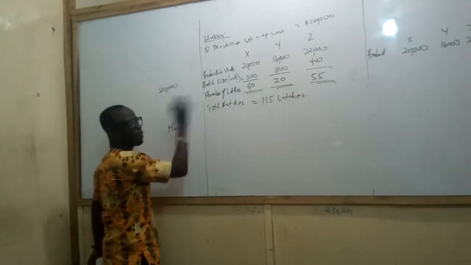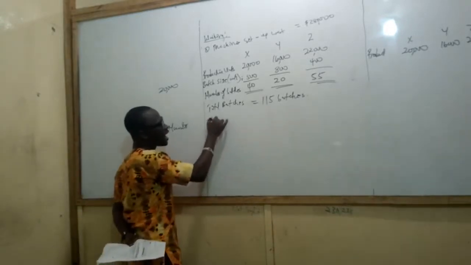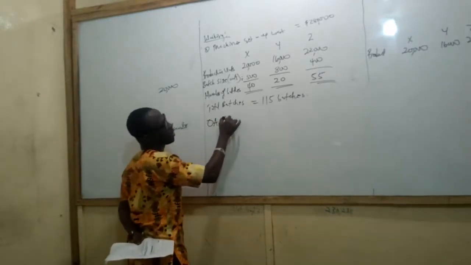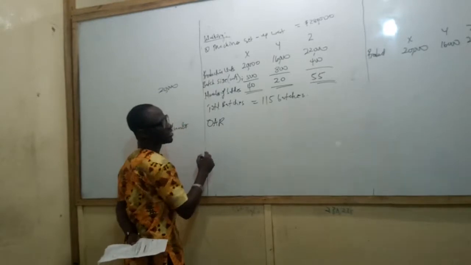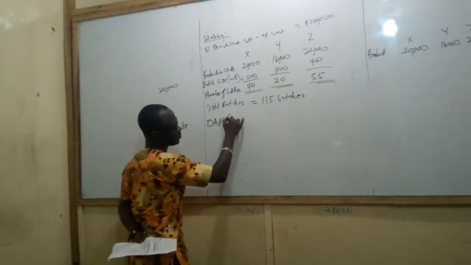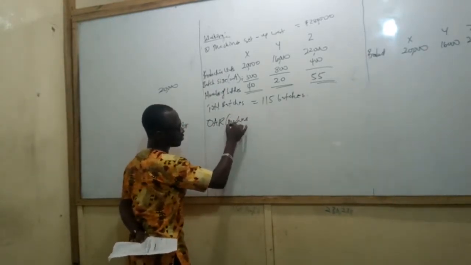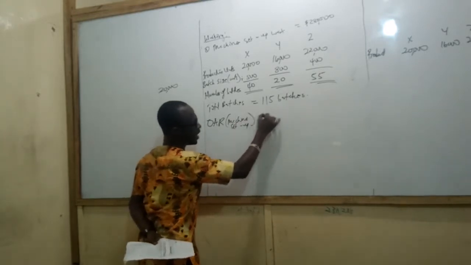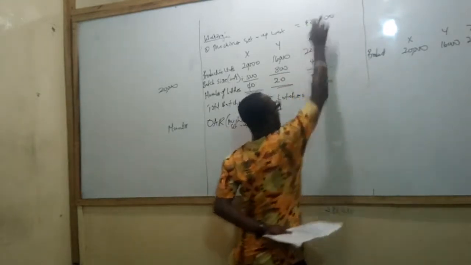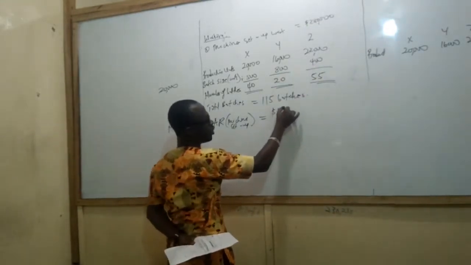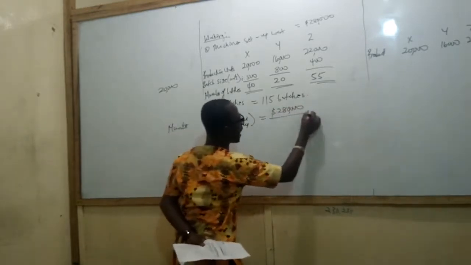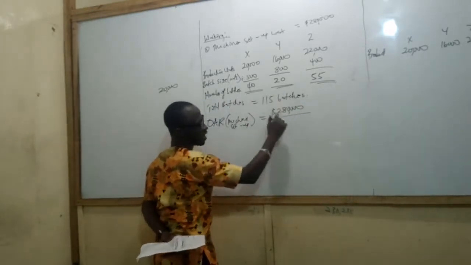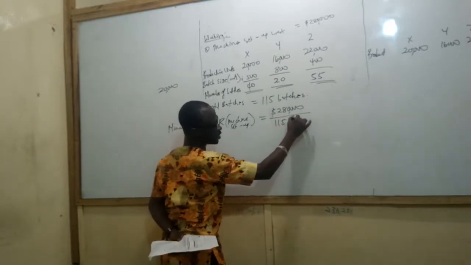Why do we need this? Because the overhead absorption rate for the machine setup should be equal to the total 280,000 divided by the number of batches, 115 batches.